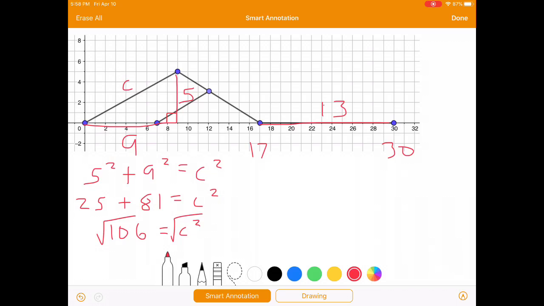And the square root of 106 is going to be approximately 10.3. Can't see that down there on the screen, so let me put it right over here. Approximately 10.3. All right, so I'm going to label this up here. We've got 10.3 for that.